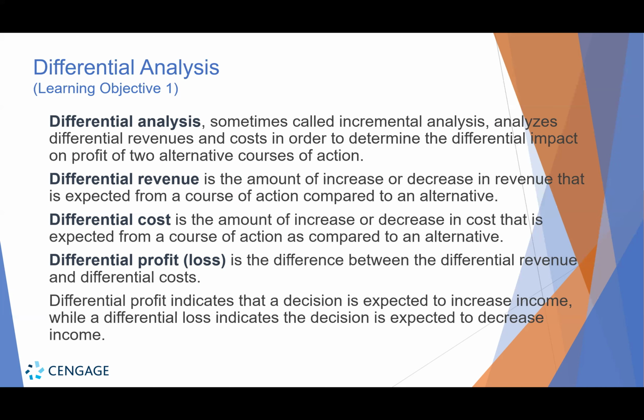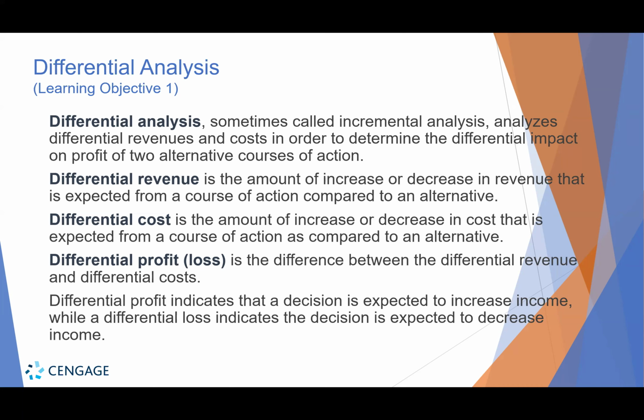The differential revenue is going to be the amount of either the increase or decrease in revenue that's going to happen from the course of action we're going to take compared to what the alternative may have been. The differential cost is the amount of increase or decrease in cost that's expected from the course of action compared to an alternative. And then the differential profit or loss is the difference between the differential revenue and the differential costs.